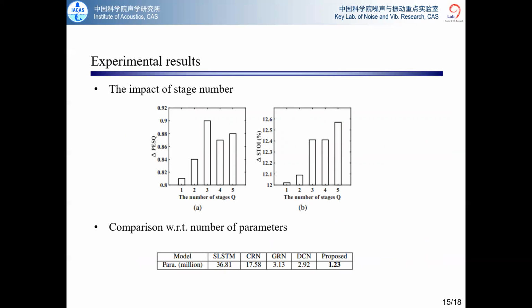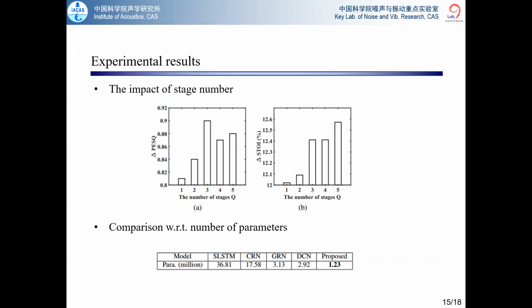We also analyze the impact of different stage numbers. One can find that when Q is less than 3, consistent improvements can be observed with respect to both PESQ and STOI. However, we also find that when Q is set to 4 or 5, STOI is still improved, but no improvement is observed for PESQ.